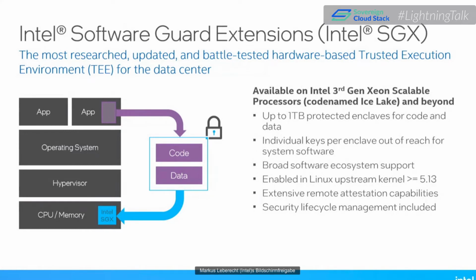It's fully enabled by now in kernel.org in Linux since 5.13, which means both the bare metal usage of SGX and the KVM usage. And it features, quite importantly, extensive remote attestation capabilities, ensuring that only signed off and validated code will be run on a properly patched SGX system and in such enclaves.